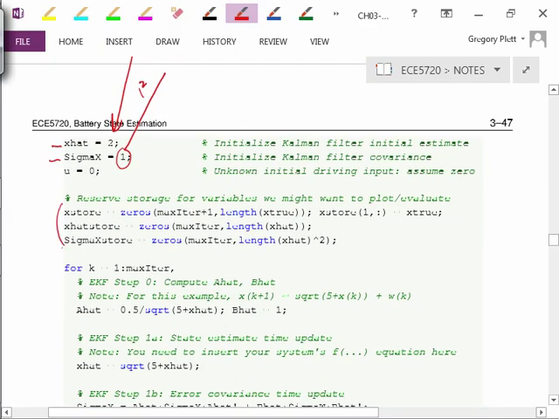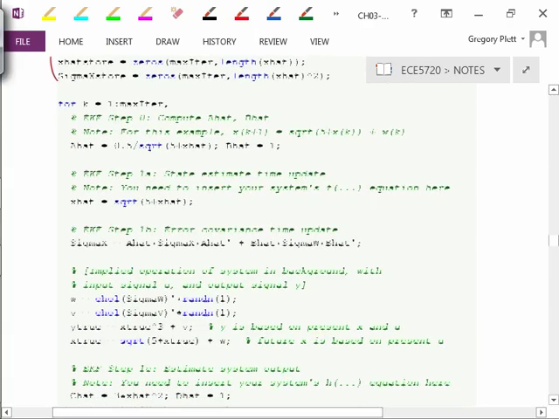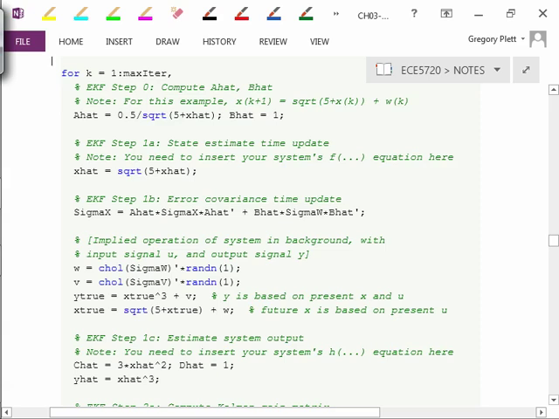The next steps, we reserve storage for the true state and the estimated state and the covariance of the estimated state, as we did before, so there should be no change to those lines. We enter the main simulation loop, and while I've talked about the filter as having steps 1A, B, C, etc., here I'm implementing what I call in this code step 0, which is where I'm computing the A hat and B hat matrices to be used later on.